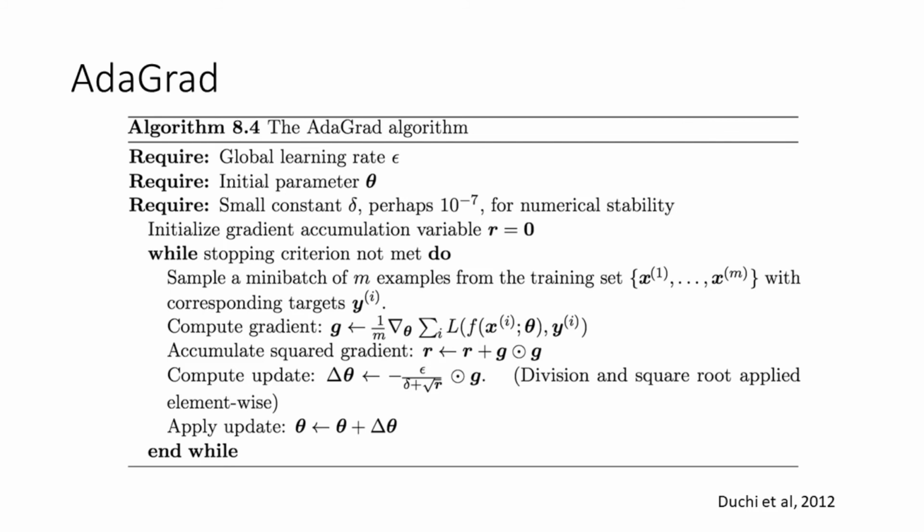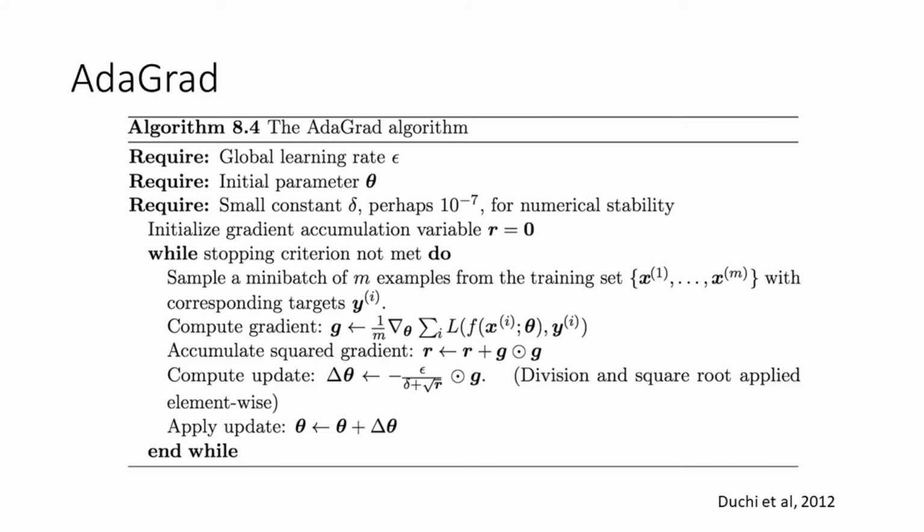And you can think of that squared, and this is element-wise multiplication between each gradient value. And then our update will be the original gradient times basically the inverse of the square root of R. You don't need to worry much about delta.